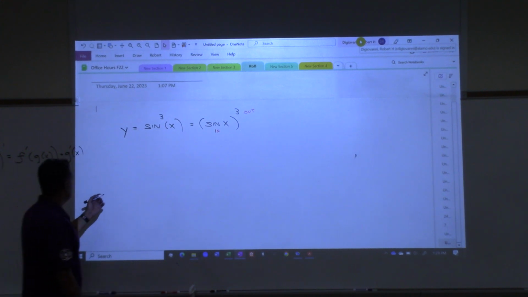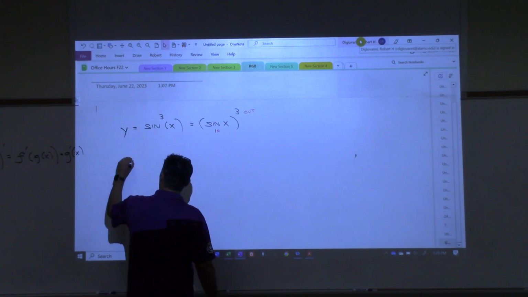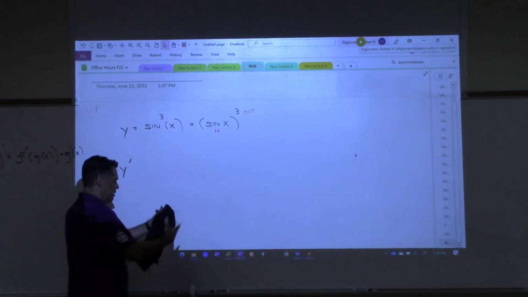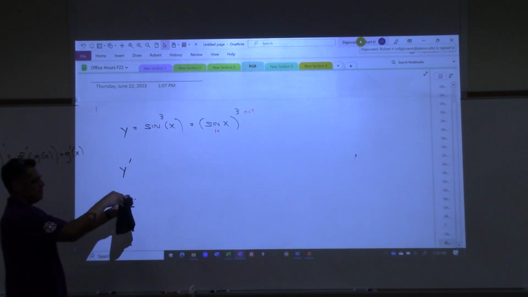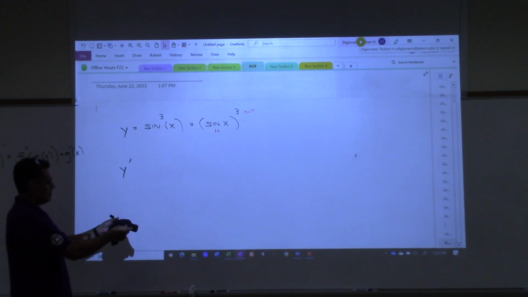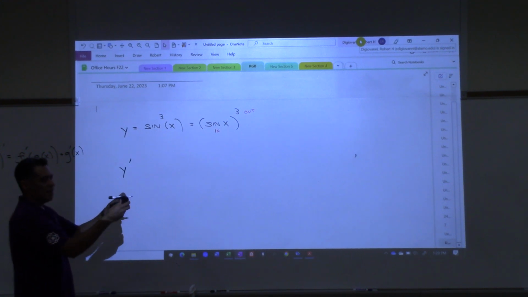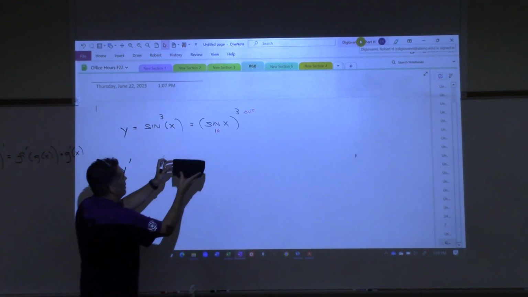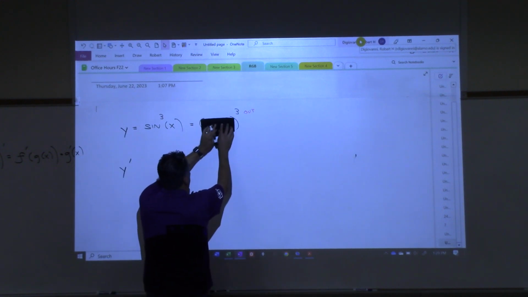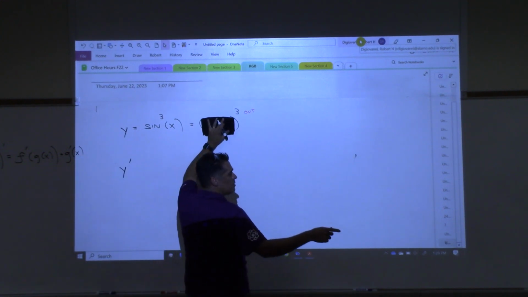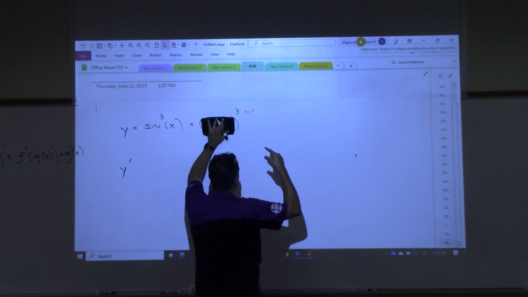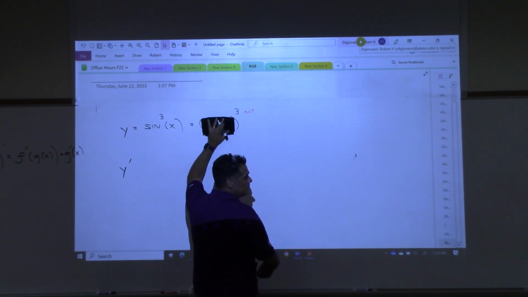All right, let's see if we can get this one. This time I'm going to use my rag because it comes in handy, since I can make it different sizes. I'm going to cover up the inner function with my rag. What's the derivative of a rag cubed? What rule are you going to use?